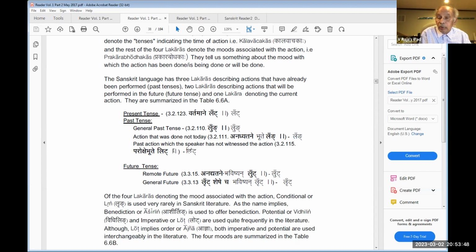Most of the things you will see in Mahabharata and Ramayana are paroksha lit. Like Arjuna Uvacha. Uvacha comes from a root called vach, to say. Normally it is vachati or vachami. But uvacha is the past tense in which the speaker has no direct knowledge.